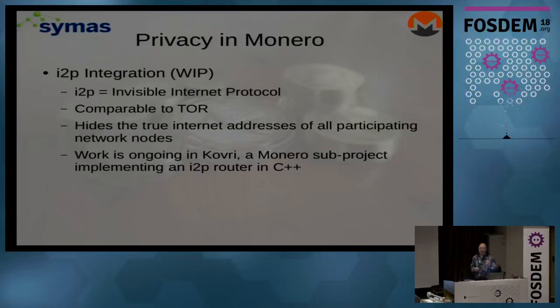But the Monero project is working on an implementation of I2P, and that's going to be bundled in the near future. If you've used Tor or I2PD, it's the same idea, where you have multi-layered routing, multi-layered addresses.